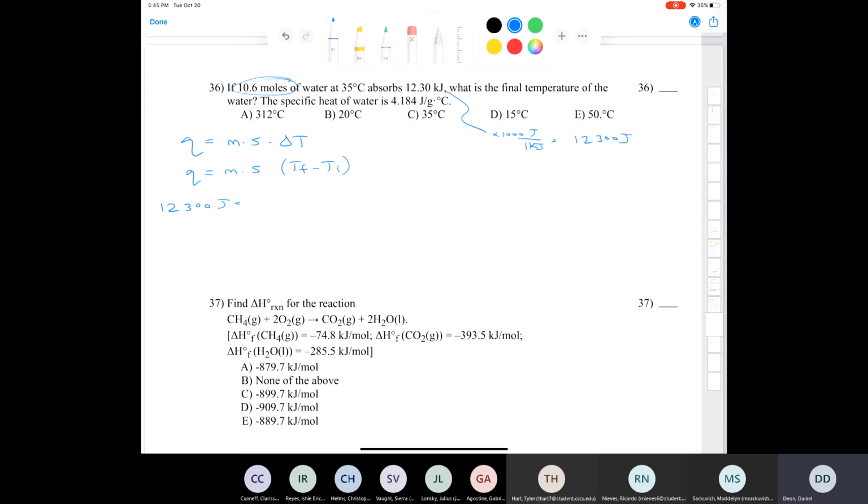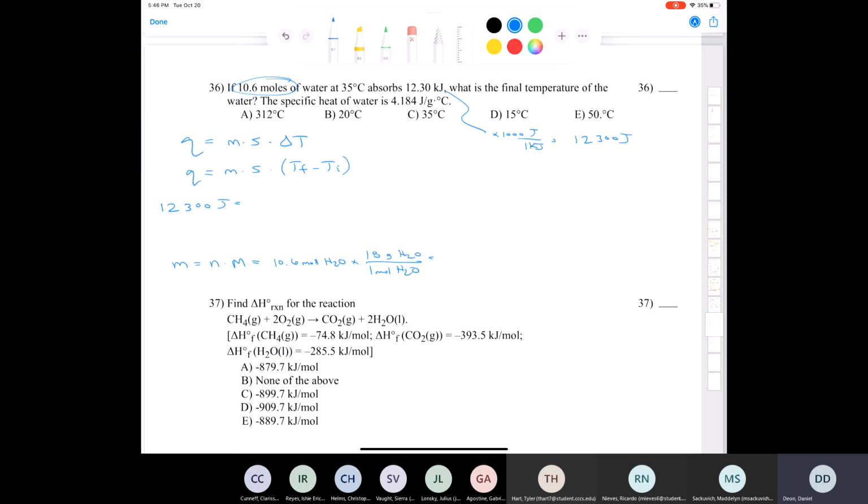Well, we're given the number of moles of water. So from that, we can simply use the formula that mass is going to be equal to number of moles times molar mass. So let me just do that quickly. Now I have 10.6 moles of H2O, and I know the molar mass of water, which is 1 mole of H2O has about 18 grams of H2O. That's close enough.